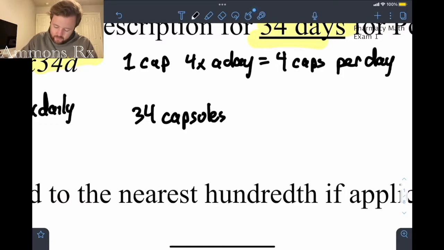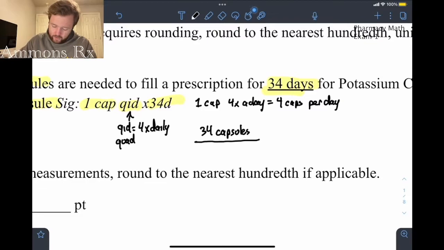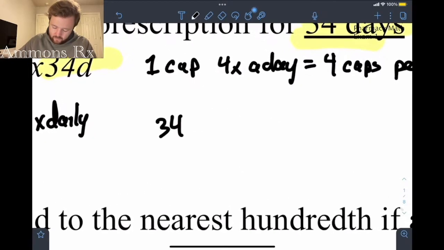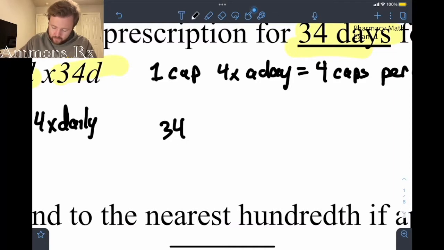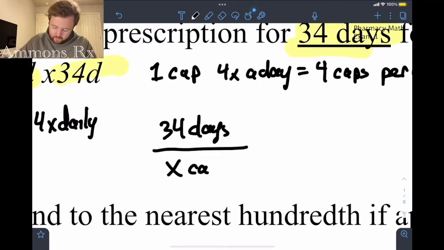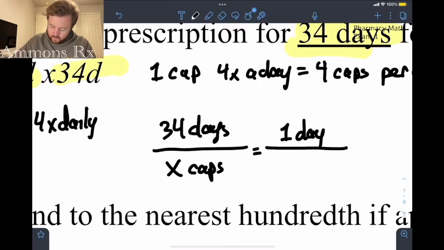I'm sorry, no, it's not 34 capsules, it's 34 days. 34 days, come on. How many capsules? And on this side, that's when we say 1 day, 4 capsules.